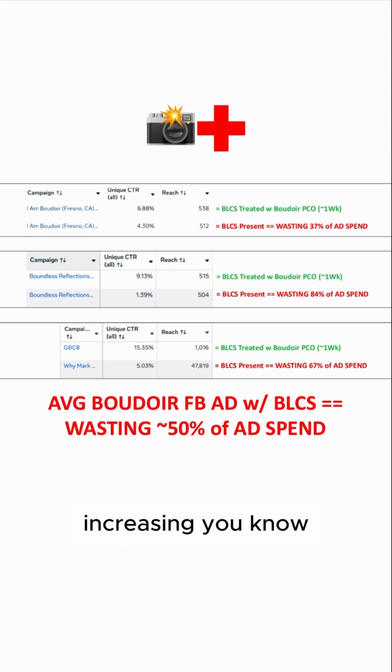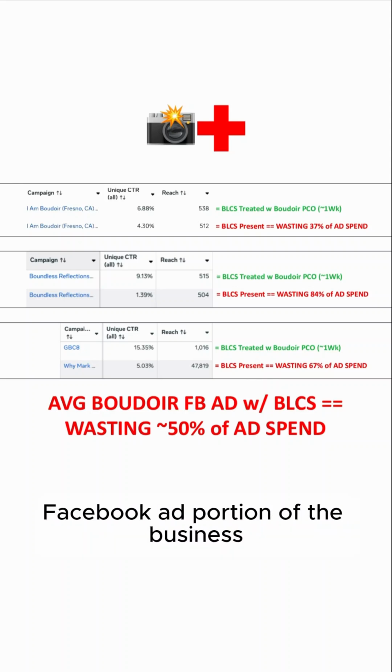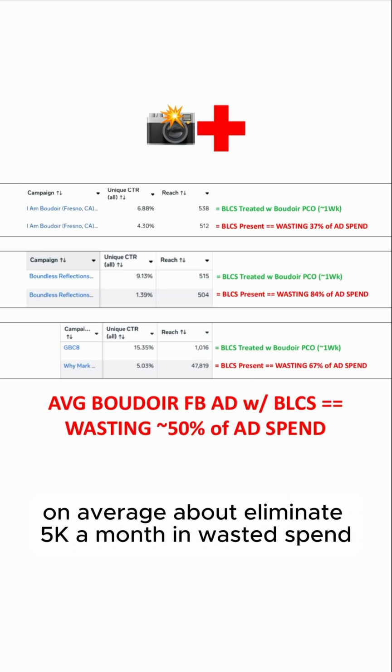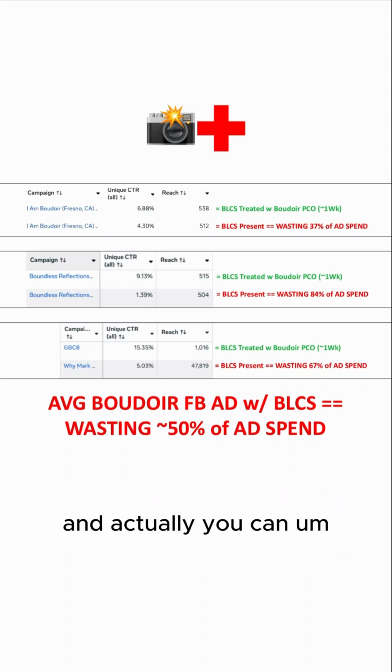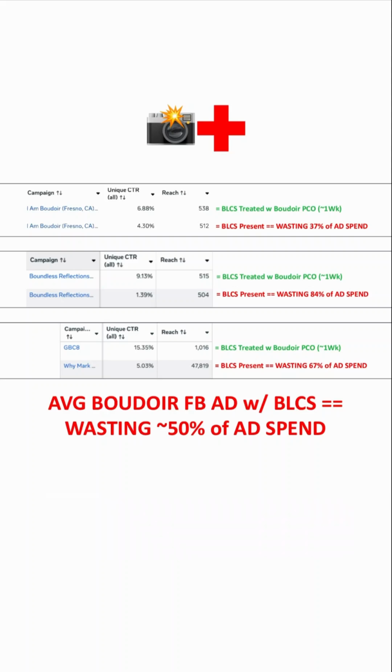You're already doing that in other parts of the business, and you've now decided you want to do it with your Facebook ad portion of the business, because you've seen that Boudoir Pico can, on average, eliminate 5K a month in wasted spend. You can pocket that approximately 5K a month that's no longer wasted spend. That'd be like 60K over the next 12 months.